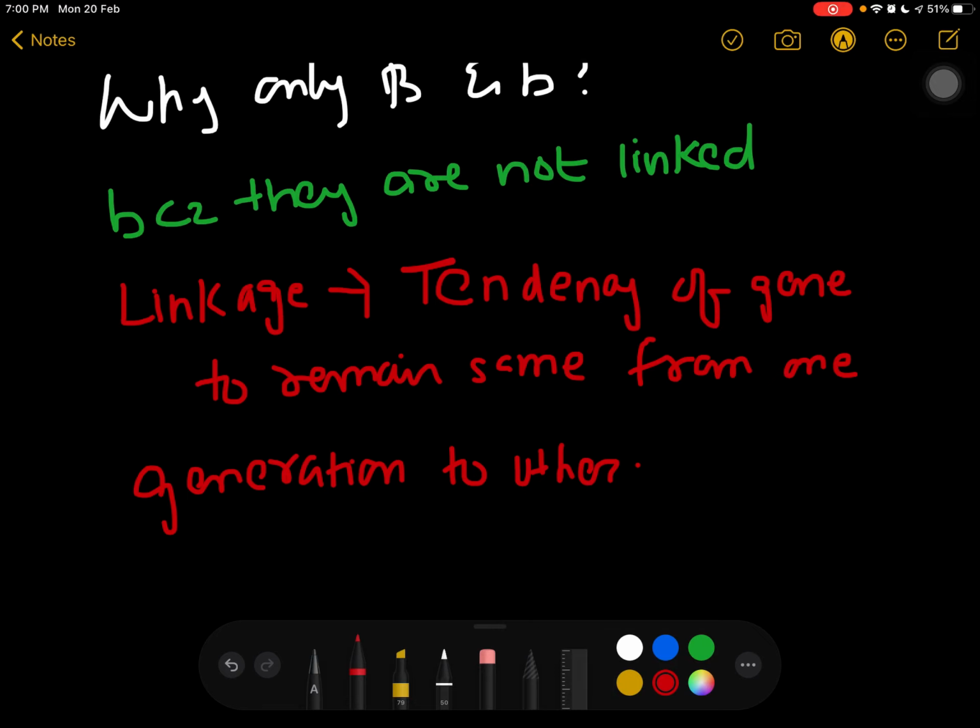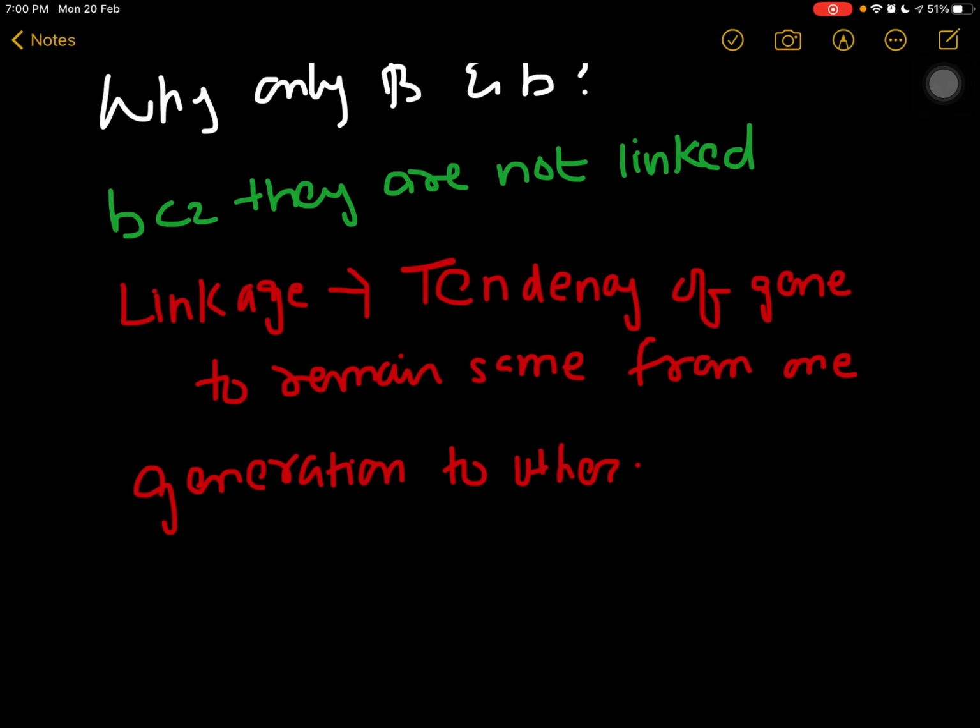So what is linkage? This is a tendency of a gene to remain the same from one generation to the other. So these B and B are not linked, that's why we can easily cut them and we can easily shuffle them.